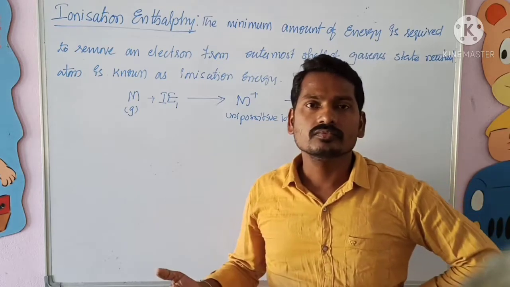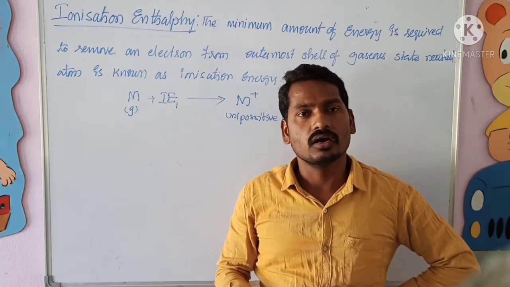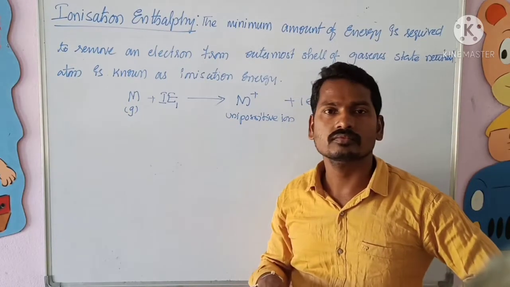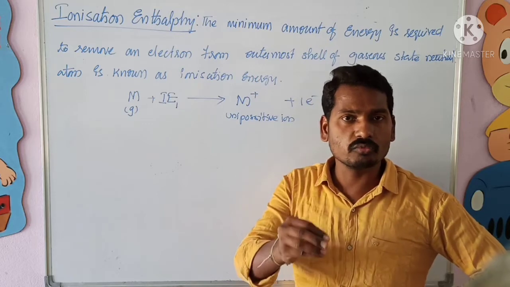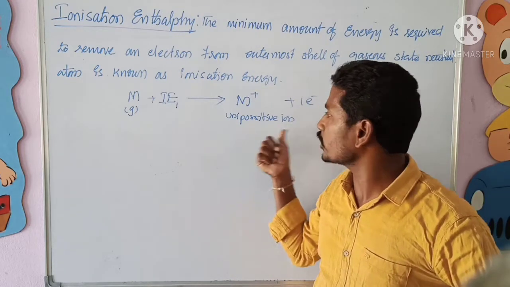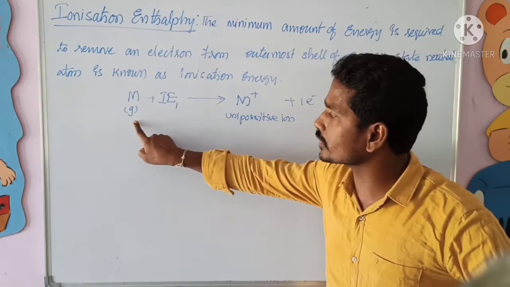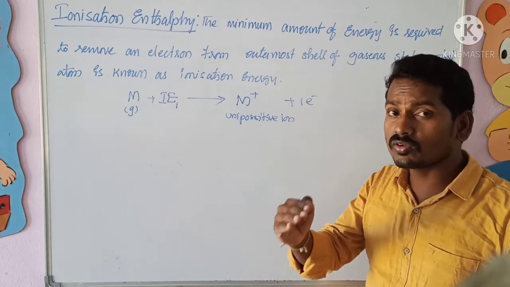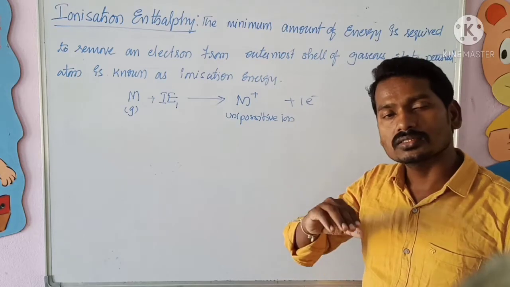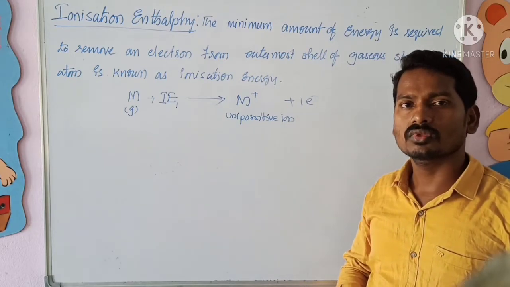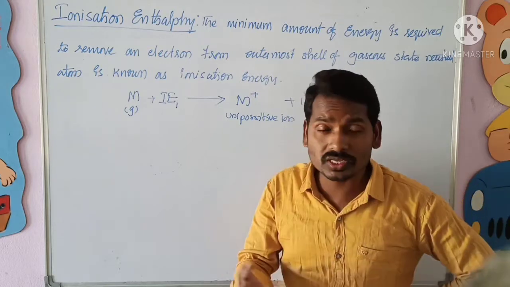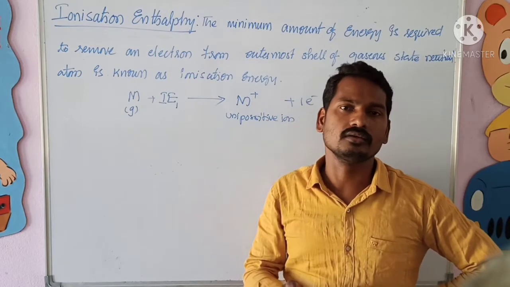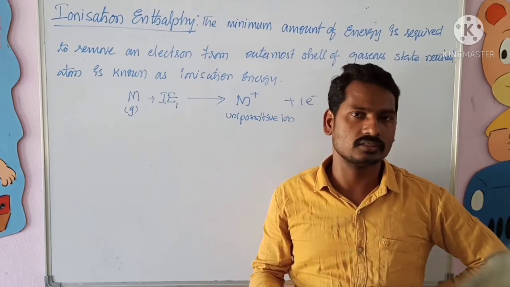Then you can remove one more electron from the unipositive ion that was already formed. In the first case you remove the electron from the neutral atom and it turns into a unipositive ion. To remove the second electron, you use a certain amount of energy a second time. That energy is called second ionization energy.